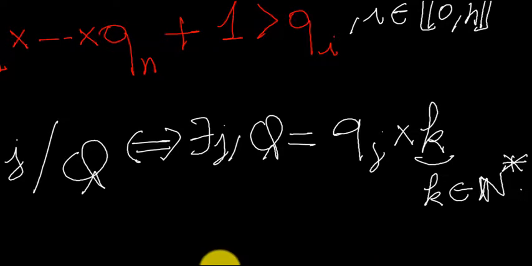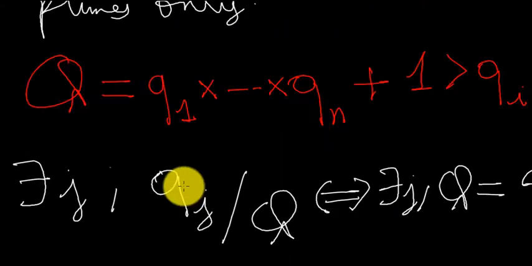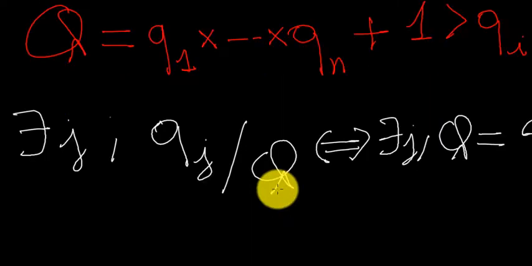So now we know that Q is equal to Qj times k, and we also know that Q is equal to the product of all Q's plus 1.